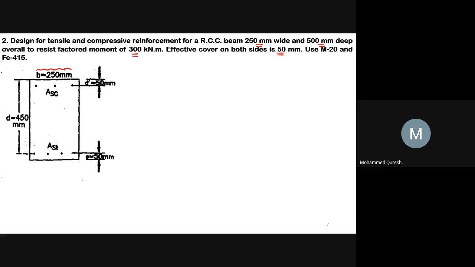That is, near tension reinforcement it is 50 mm, and near compression reinforcement it is 50 mm. And we have to use M20 concrete and Fe415 steel grade.